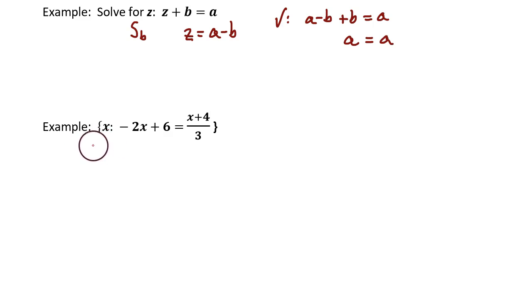One more example. Find the set x such that negative 2x plus 6 is equal to x plus 4 divided by 3. This is just another way to say solve the equation. First, let's multiply both sides of the equation by 3.